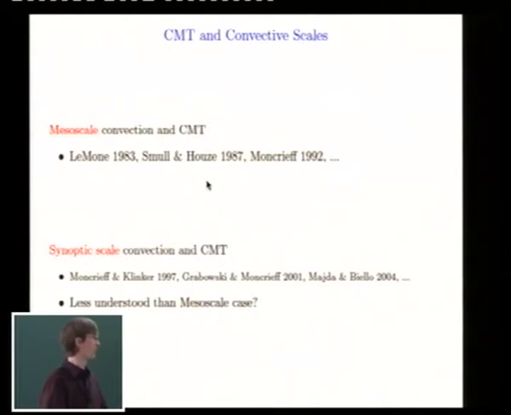There's been a decent amount of work on this topic as well. I would say that this case is probably less understood than the mesoscale case. It'd be interesting to see some more observational work done in this area, and hopefully this talk will motivate some of that.